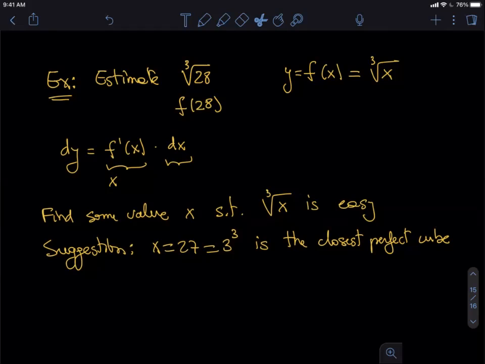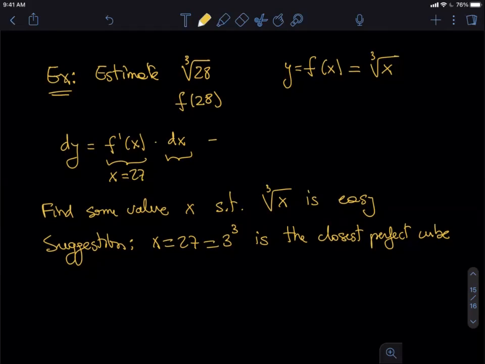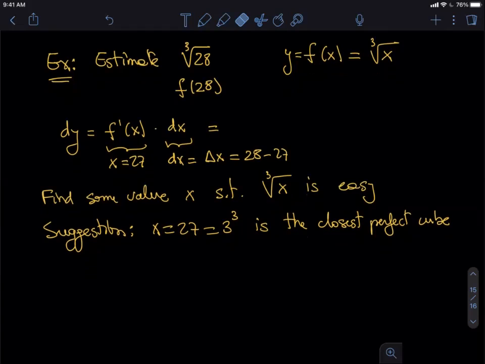So we are going to apply this derivative at x equals 27. And then the dx is going to be the increment, which is 28 minus 27. So I need to compute the derivative. f prime of x is, because this is x to the 1/3, the derivative is 1/3 x to the negative 2/3.